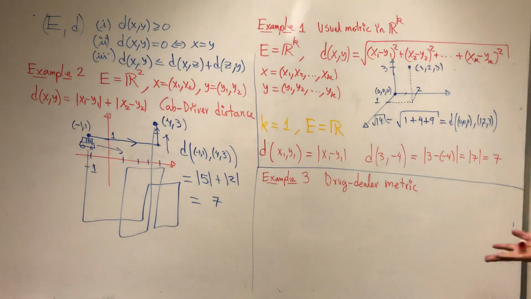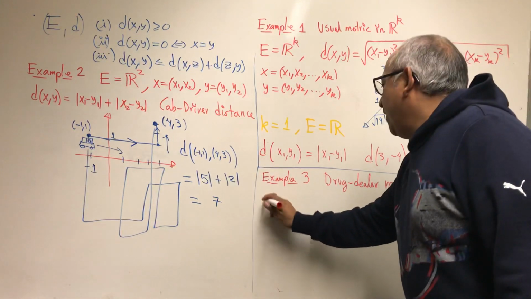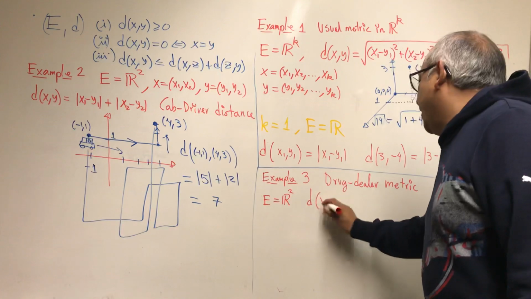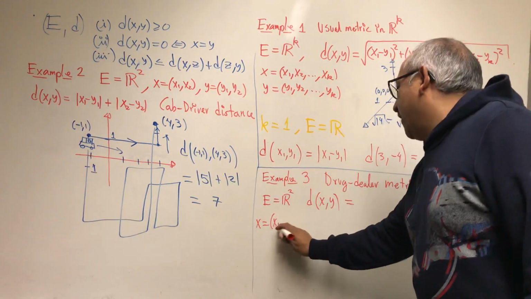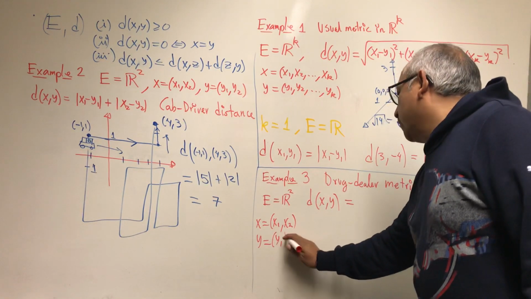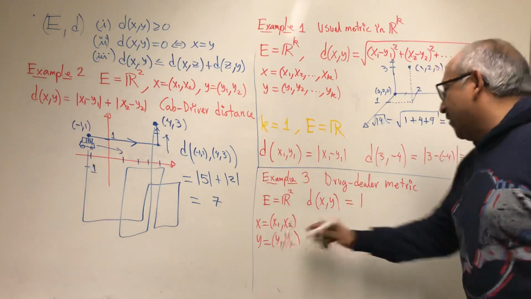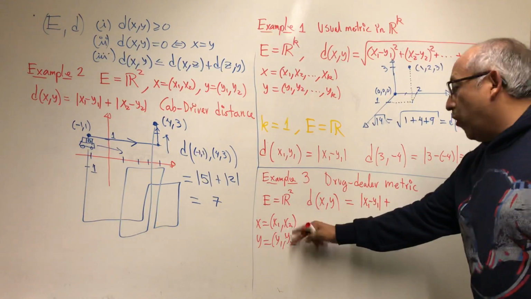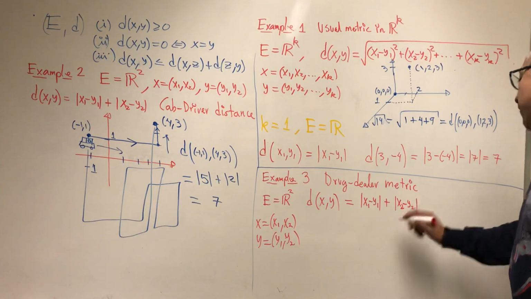They call it like drug dealer for some reason, but it's something like this. E is R2, and the distance from X to Y, where X equals X1, X2, and Y equals Y1, Y2, is, you subtract the first entries, X1 minus Y1, then you subtract the other entries, X2 minus Y2, you take the absolute value, then you add them up.